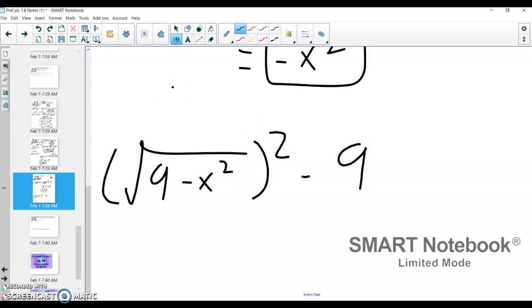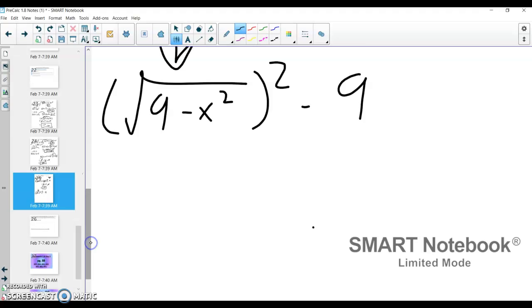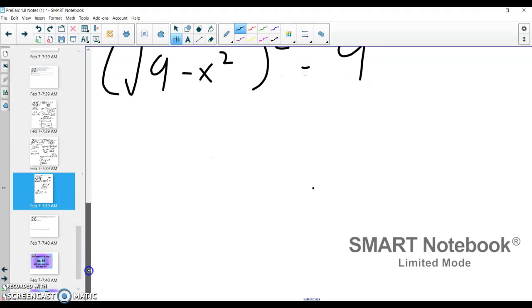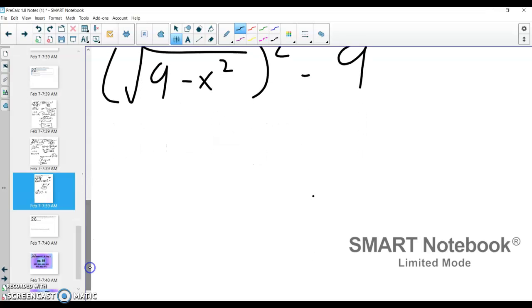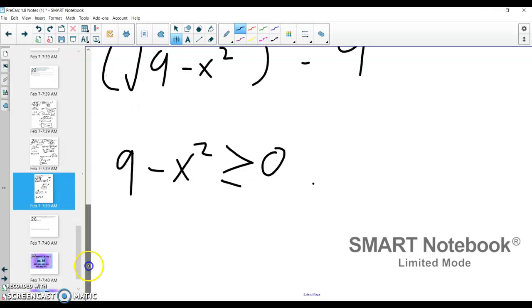The only area this is going to have domain issues is with that square root there. So anything under that square root can't be less than 0. And so what I say is that 9 minus x squared has to be greater than or equal to 0, because I can have 0 under that square root, but I just can't have anything less than that.